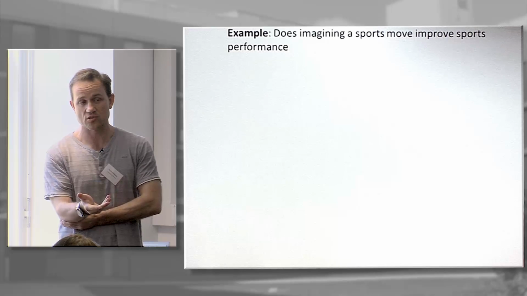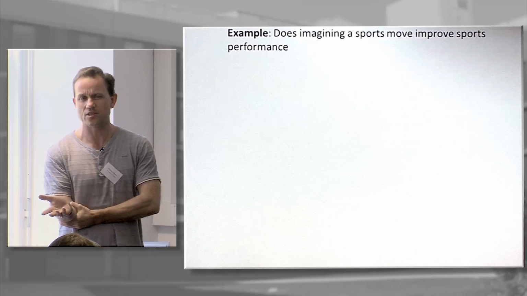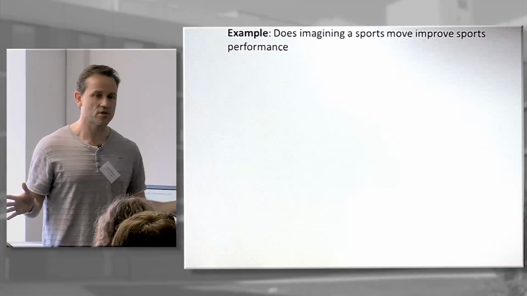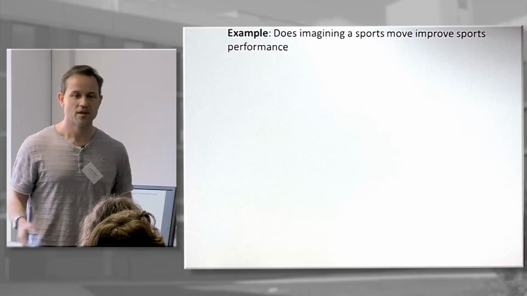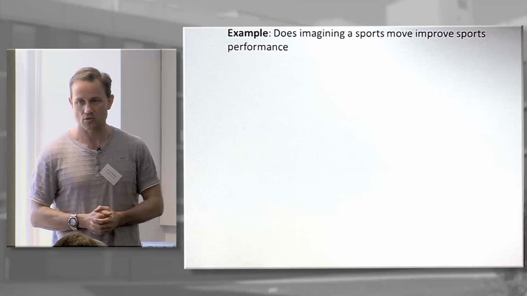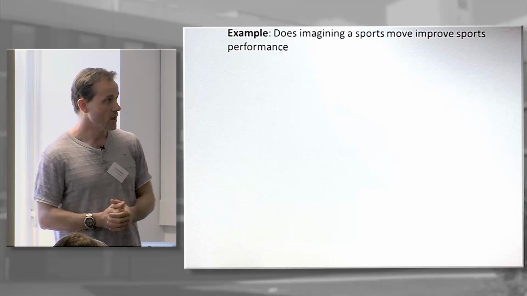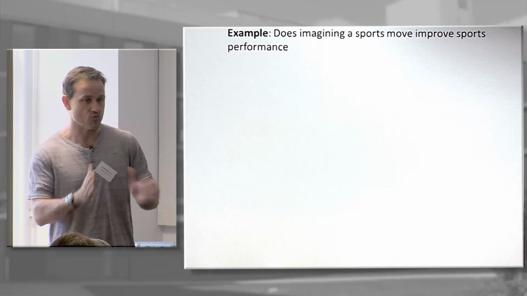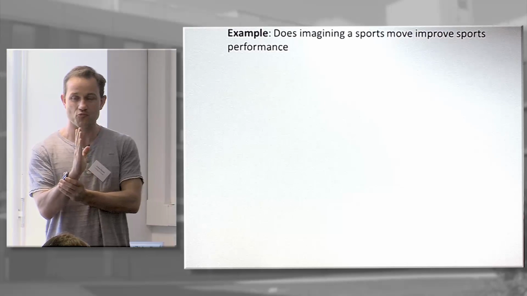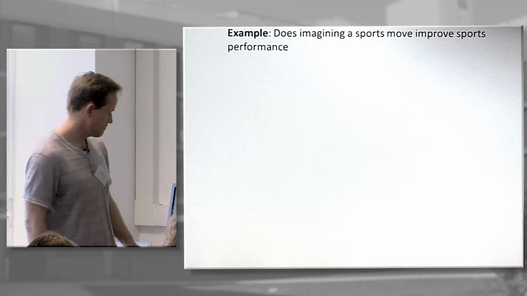Maybe imagination is as good as that, but I doubt that it's better than that. Okay? I don't work in this area, but I'm just guessing that doing something for real is better practice than doing it in your imagination. So let's say we run truckloads of subjects to get a really good estimate of the effect of really swinging a golf club.